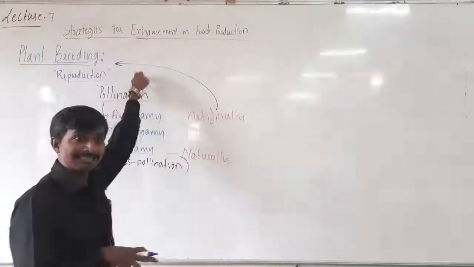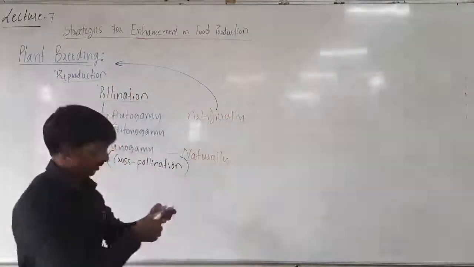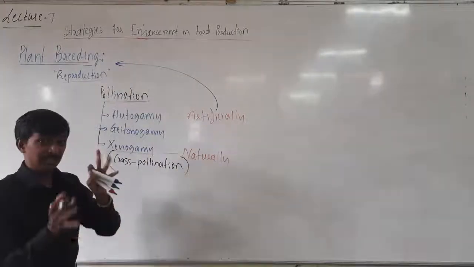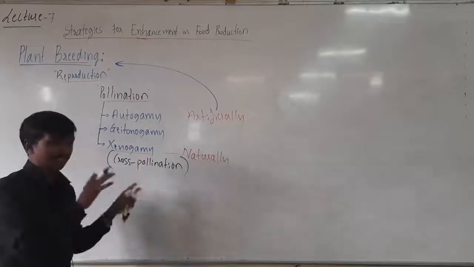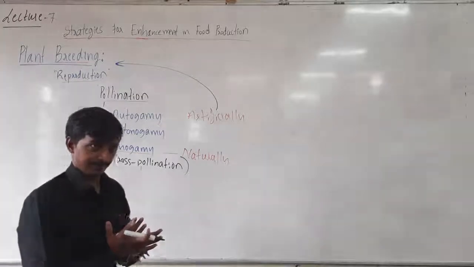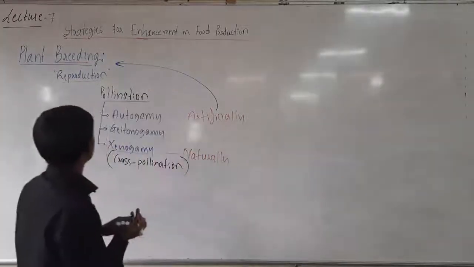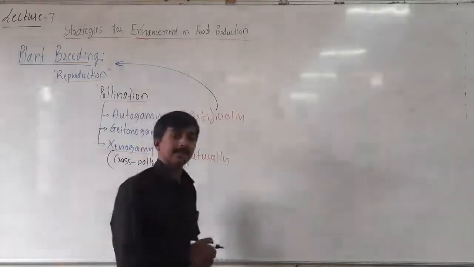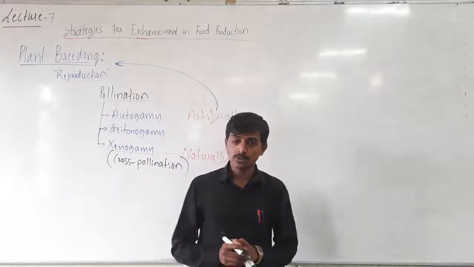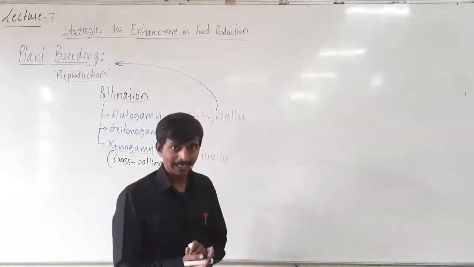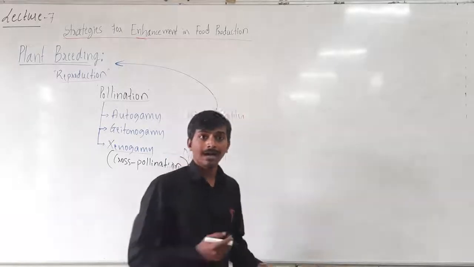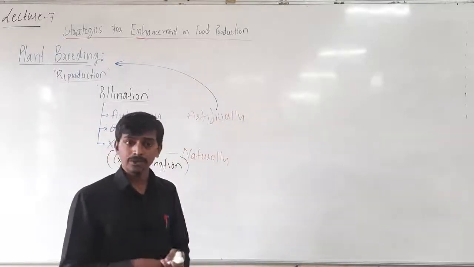We also have discussed in that chapter, under the concept of artificial hybridization, nothing but crossing, cross pollination. Okay, that is the actual meaning of plant breeding. We can define plant breeding as the process of manipulation of plant species so as to get improved or high yielding varieties of the plant.